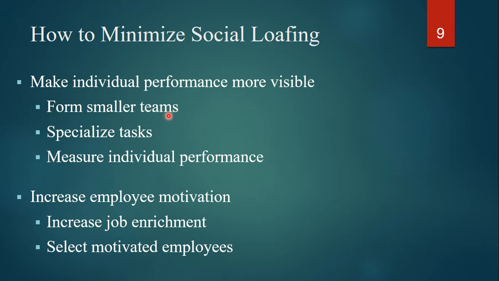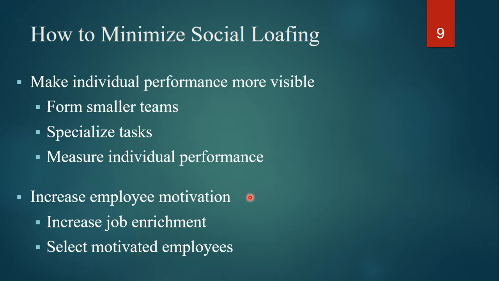We could specialize tasks, because specializing tasks would allow us to observe what each member of the team is doing. And it would be a very good practice to measure individual performance. Measuring individual performance is crucial and could play very well in minimizing social loafing.